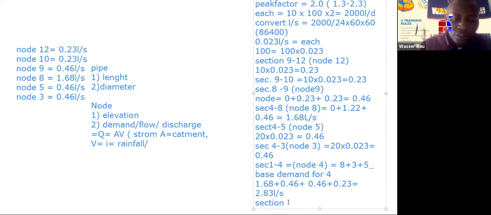Section 1 to 2 is 5 times 0.023, which is 0.12.